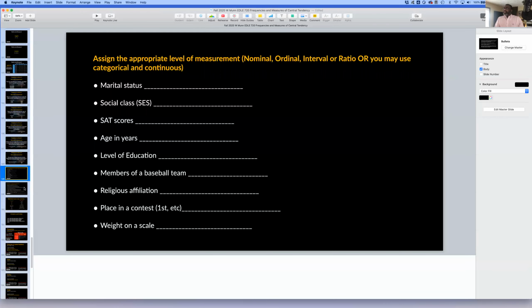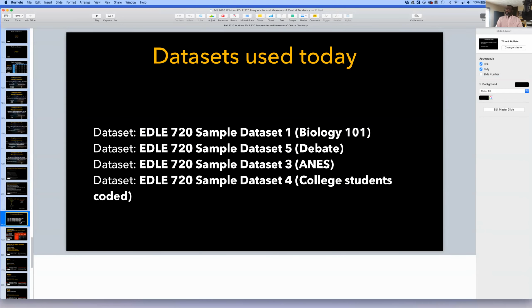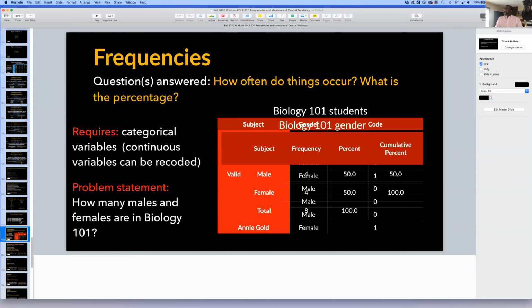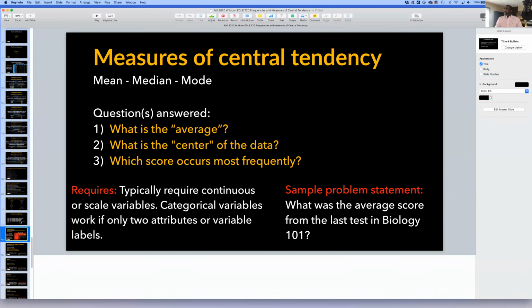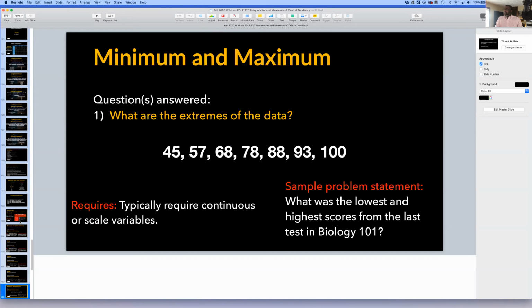All right, I'm going to skip those. It is 11:48, and next week we will start with a lesson on SPSS. We will start talking about frequencies and measures of central tendency. Here's a sneak peek of a couple of those slides: mean, median, mode, and maximum.